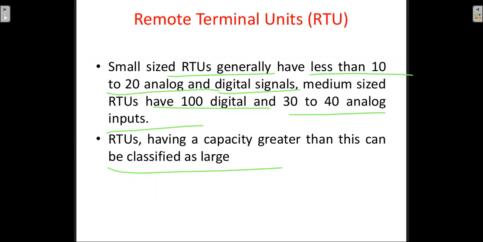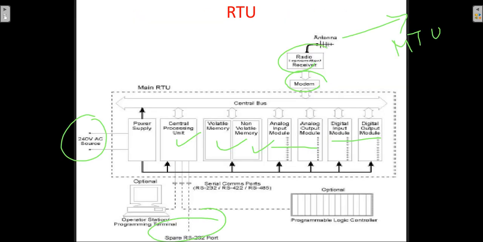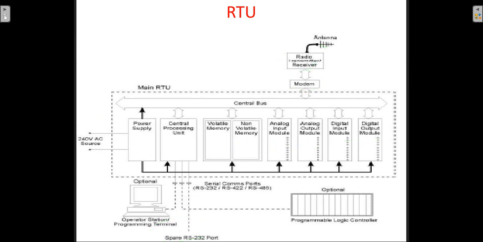After that we have seen the classification of the RTU, small, medium and large, depending upon the number of input and output channels. Then we have seen a typical block diagram of the RTU.